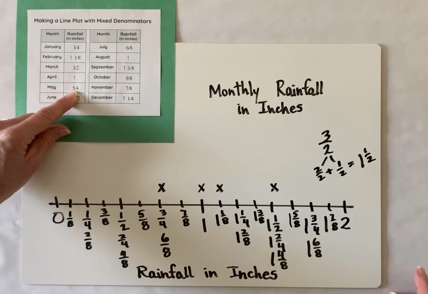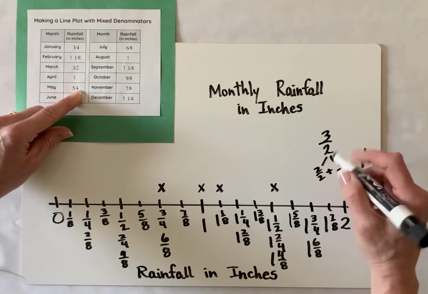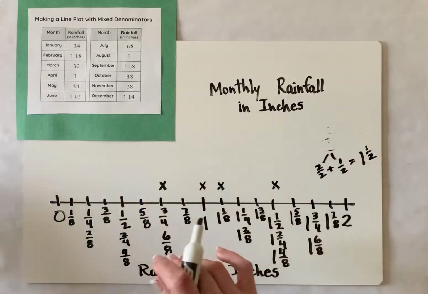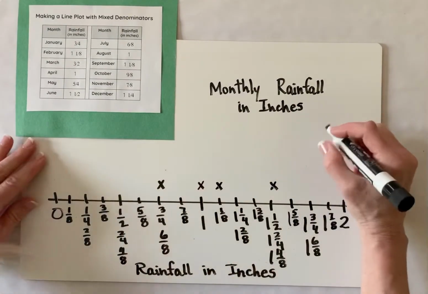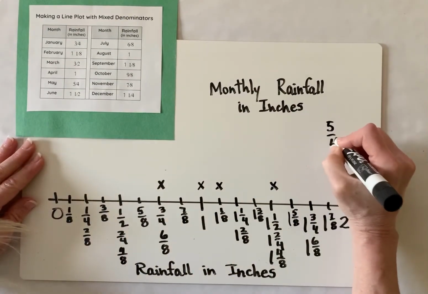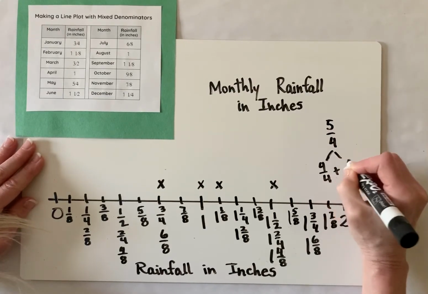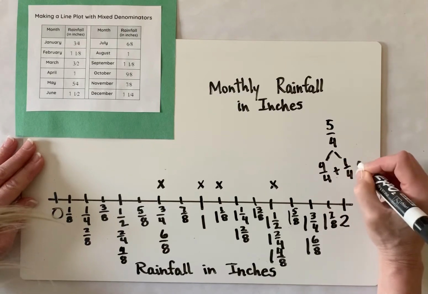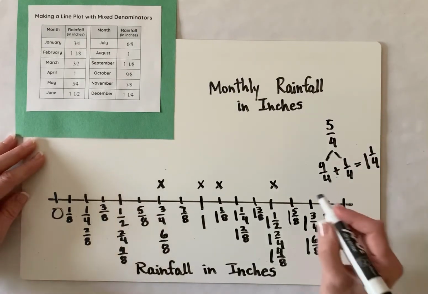May had 5/4. So just like I did with 3/2, let's show our work for 5/4. So 5/4 is the same as 4/4 plus 1/4, which gives us our mixed number of 1 1/4.